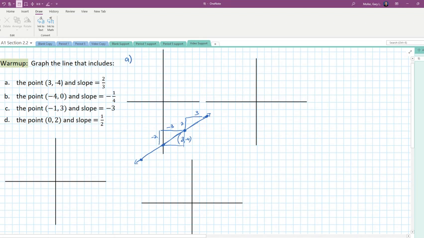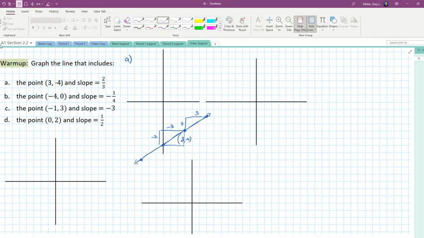All right, the next one, we've got (-4, 0). So -4, 1, 2, 3, 4, and 0. So there's that point. Its slope is -1/4. So I'm going to do a vertical change of 1 and a horizontal of 1, 2, 3, 4.